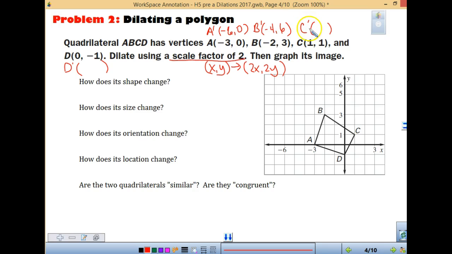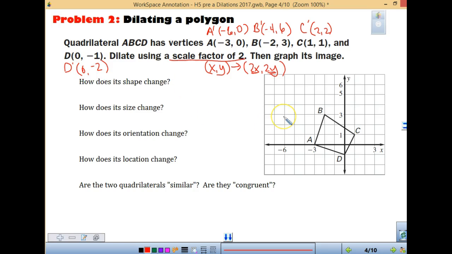Yes. C prime, Ben. Two times both. So where's it going to be? 2 and 2. Buena. D prime.